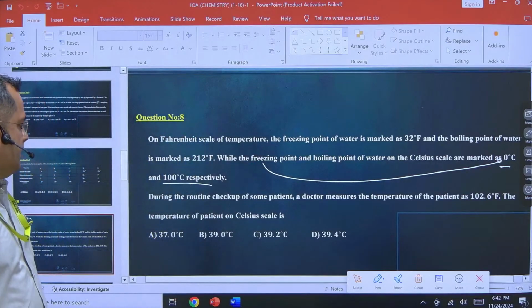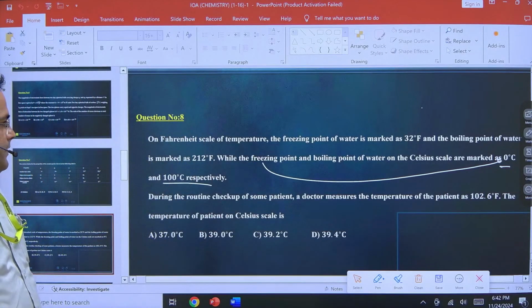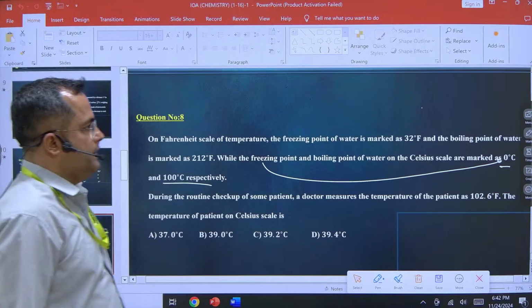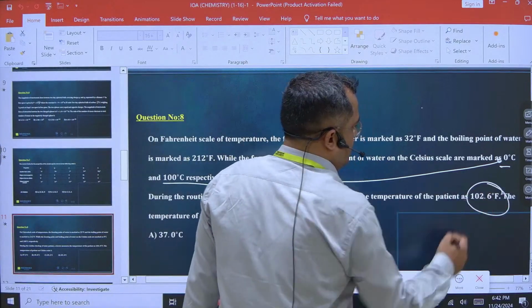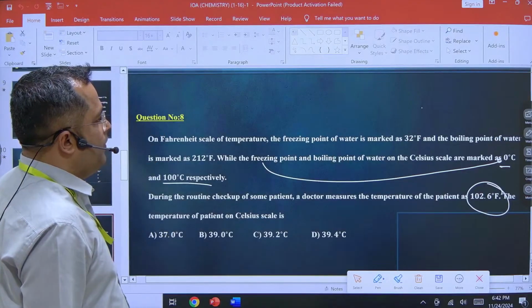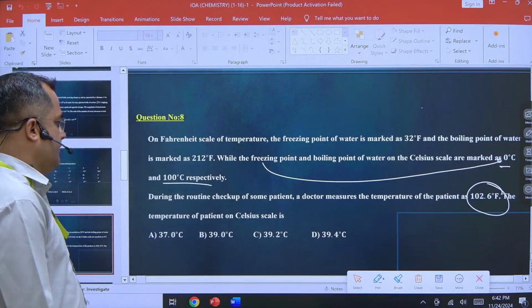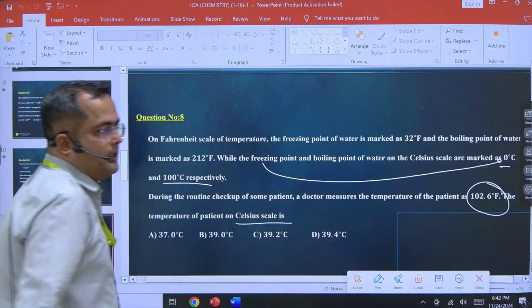Okay. During the routine checkup of some patient, the doctor measured the temperature of the patient as, see here, 102.6 degree Fahrenheit. We just have to convert it into Celsius scale.